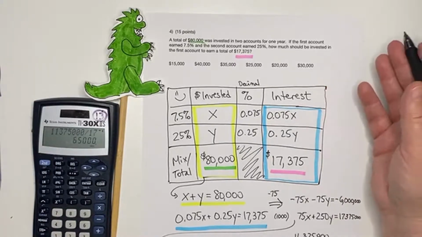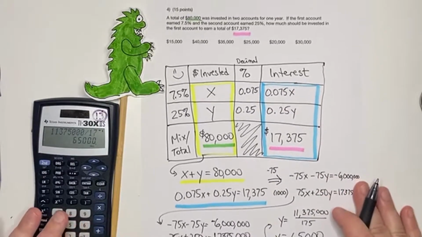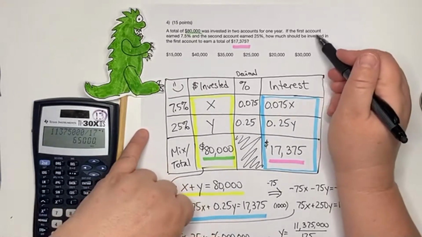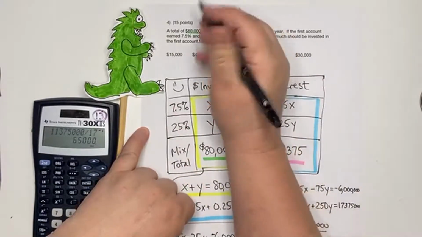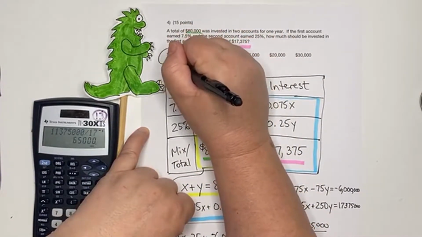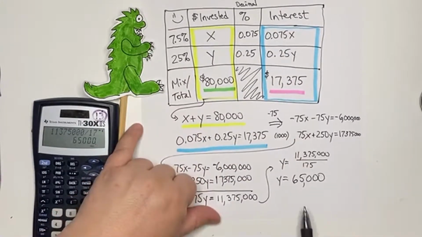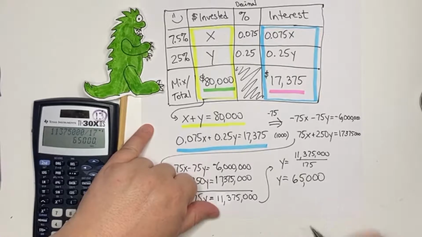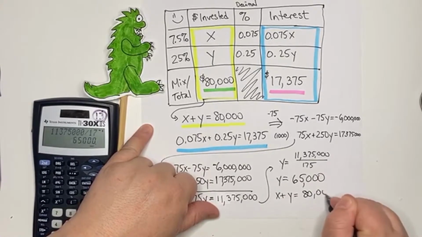So I'm panicking, but then I calm myself down because I remember that this says how much should be invested in the first account. The first account is X. So all of these are X. Did I solve for X? No, I solved for Y. Okay, X plus Y was 80,000.